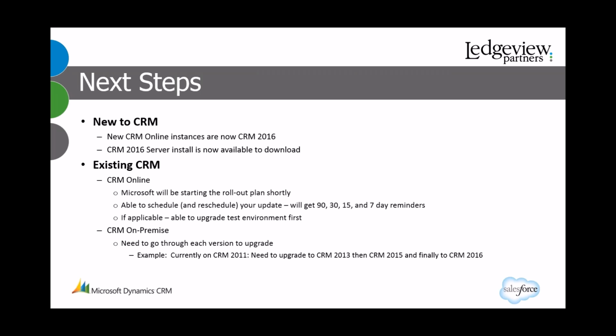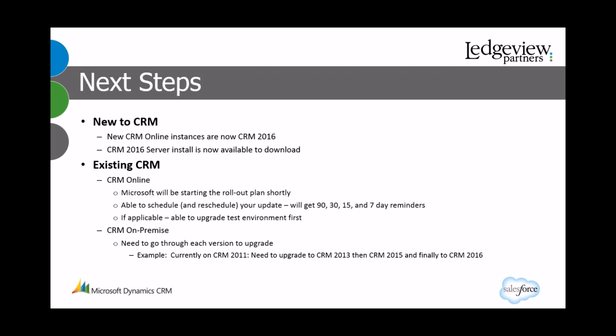Once you get that, you're able to schedule or reschedule it. You're able to pick your timing, and then you start getting the alerts. You get a 90, a 30, a 15, and a 7-day reminder. Also, if you have test or development environments outside of your production CRM Online environment, you are able to upgrade your test and development environments first, make sure everything is working properly, and then schedule your production environment to get upgraded.